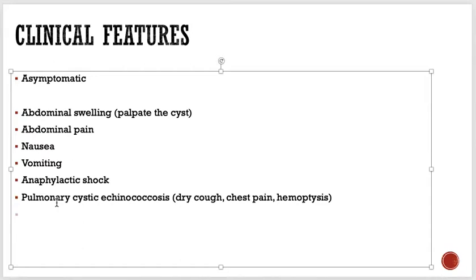And one of the things is also called alveolar echinococcosis. Now, why am I talking about this one? Because remember, this one is caused by Echinococcus multilocularis. This one is not caused by Echinococcus granulosus.